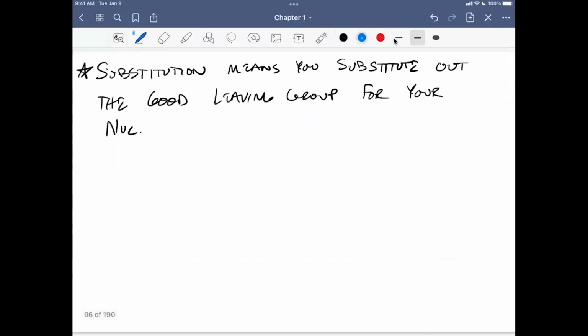Substitution means you substitute out the good leaving group for your nucleophile. You talked about the common patterns in arrow pushing, and one of those was the loss of a leaving group. So you'll have a leaving group right here. Let's say we're doing SN2 because this is a primary alkyl halide.